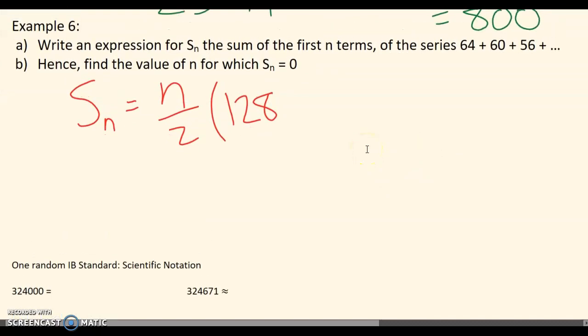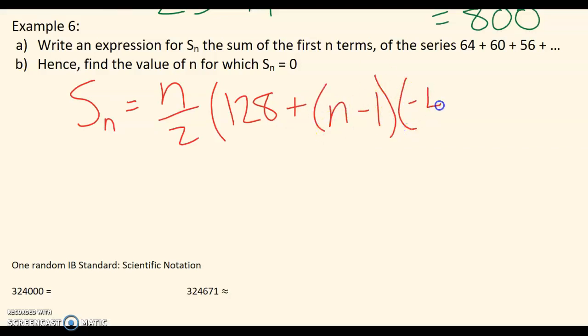Come on, why are you so fast? Okay, so then plus n minus 1 times negative 4. We could simplify that if we want to, but I don't really care for now. And we want to solve when this is 0.